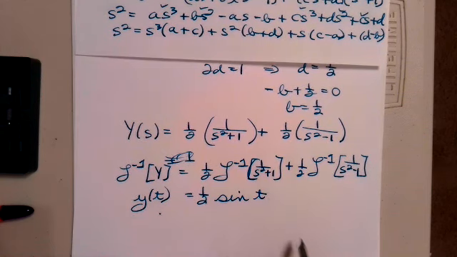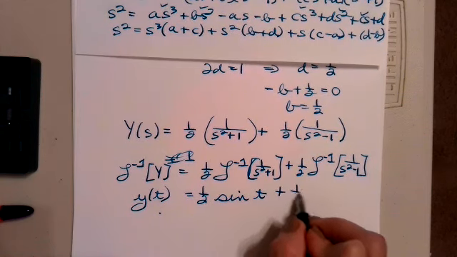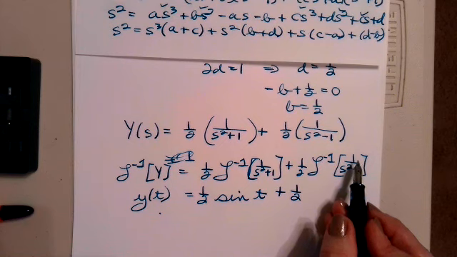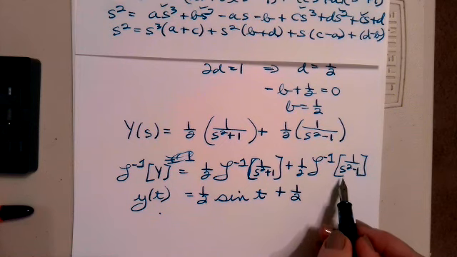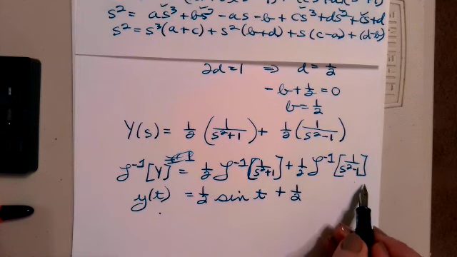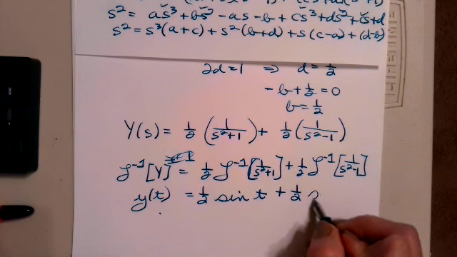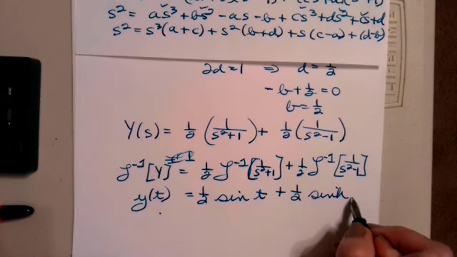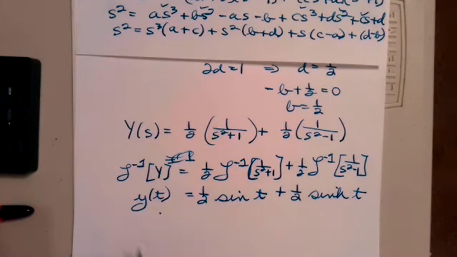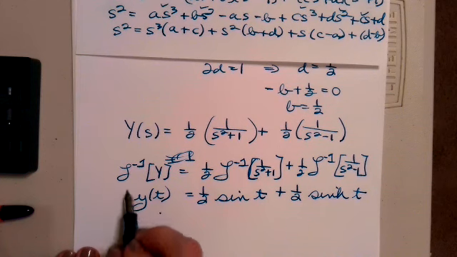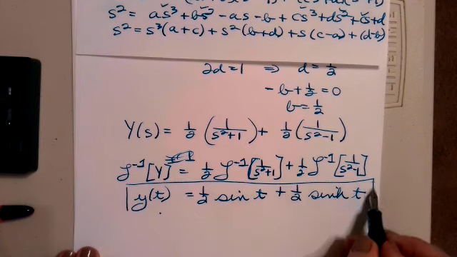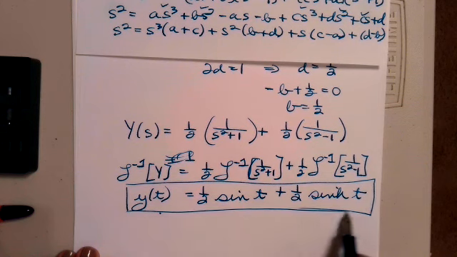So this is sine t. And in the chart, when you look up a over s squared minus a squared, you see that that's hyperbolic sine at. So this is sinh of 1 times t. Okay. And that's the solution of your fourth order problem.